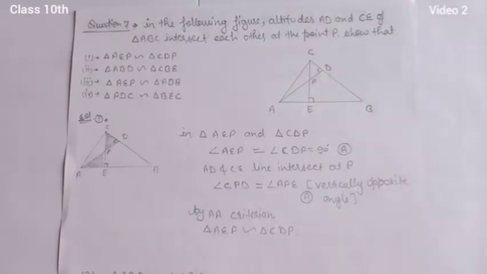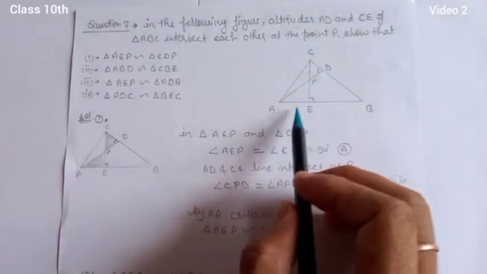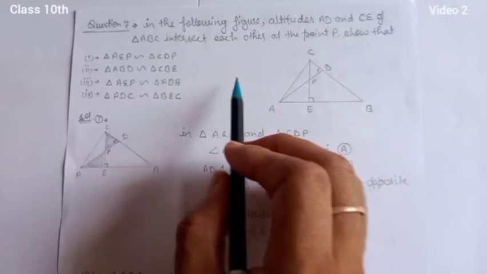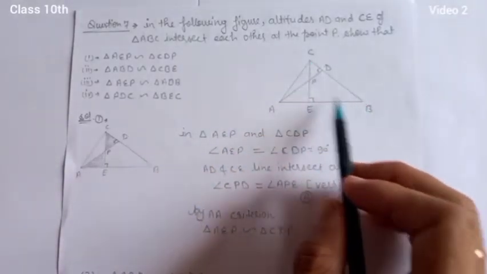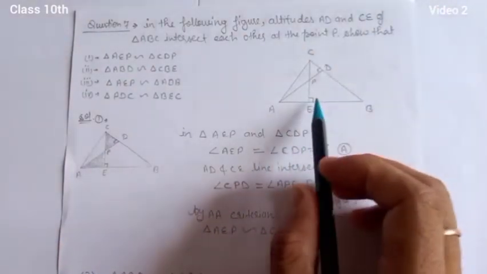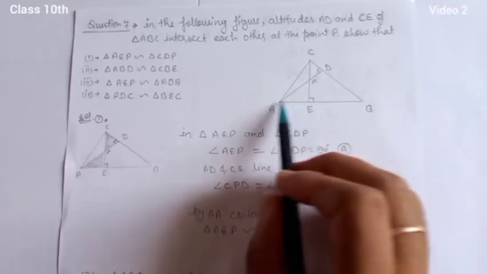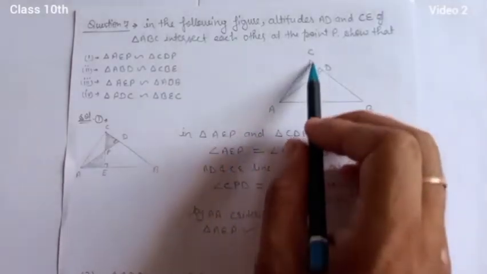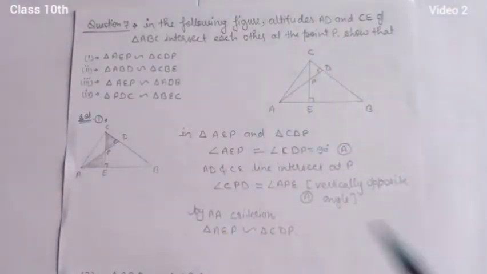So let's see what is given in the question here. You know that altitude means perpendicular. So here CE is perpendicular to AB and AD is perpendicular to BC. Perpendicular means it forms a right angle to the base. Suppose here is the baseline, CE is a height and here AD is a height.